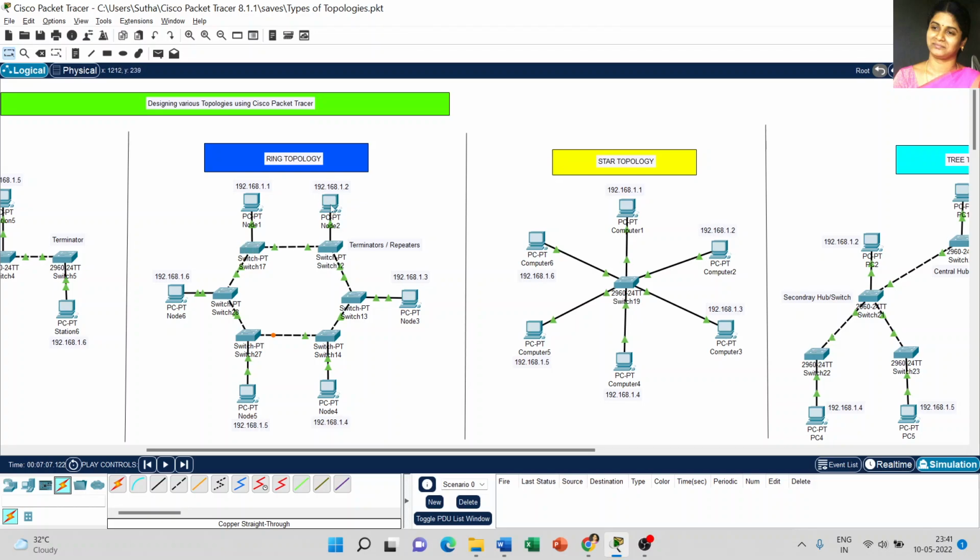Node 1 reaches switch 2, then switches 12, 13, 14, and it comes to node 4. In the same way, the acknowledgement is sent back to node 1.